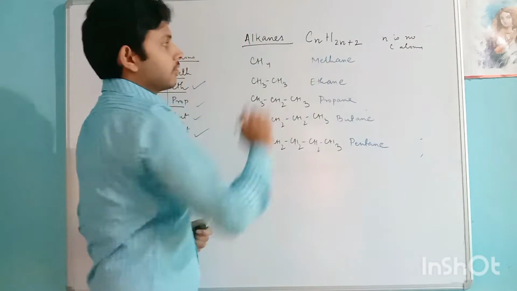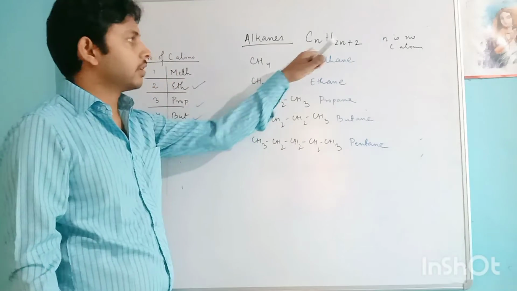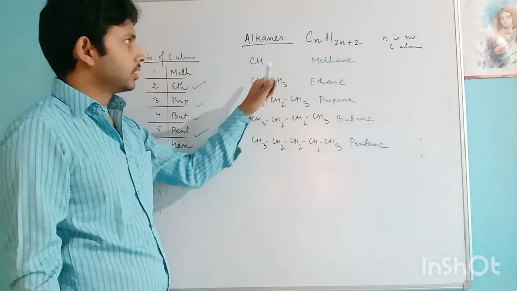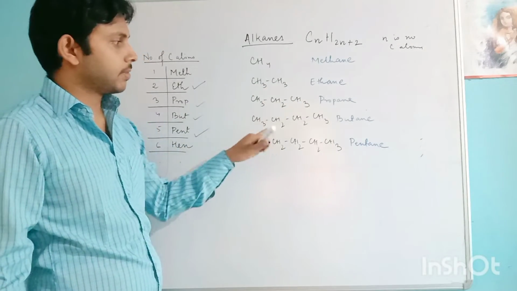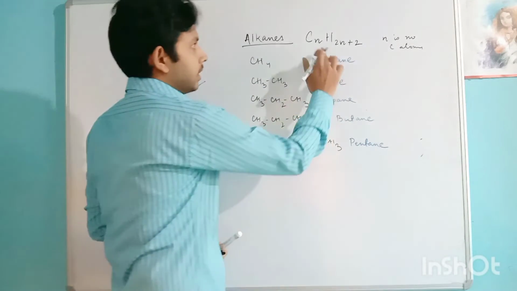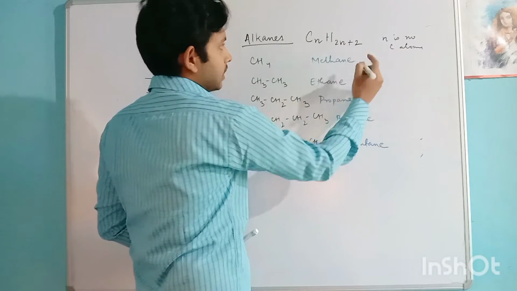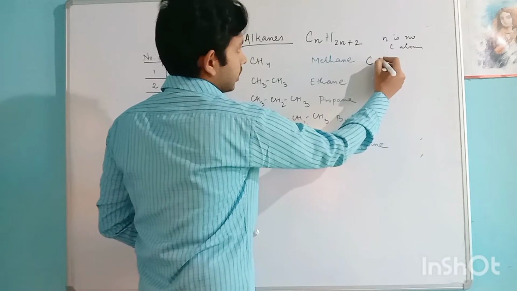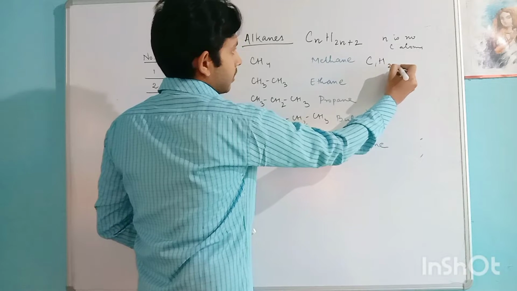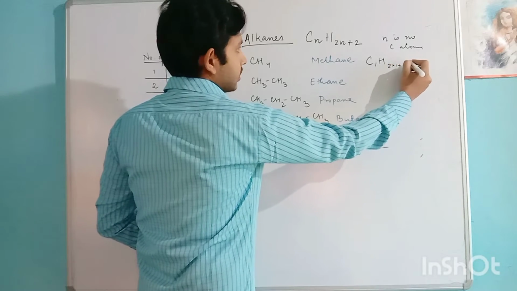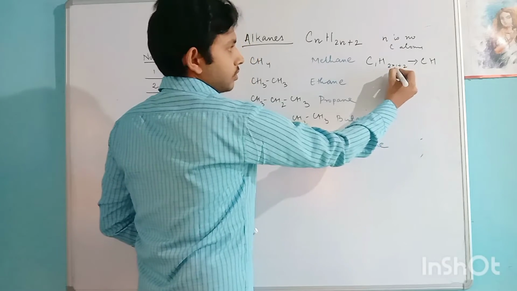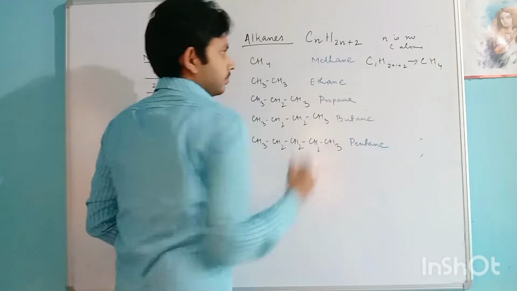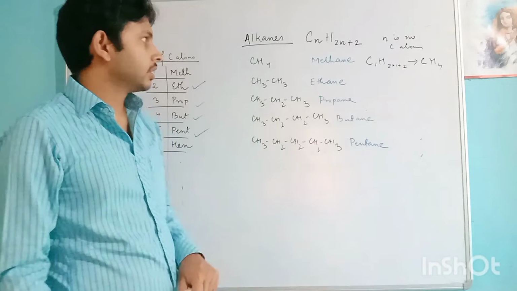If you put here 1, suppose you put 2, you will get the formula for these compounds. For methane, the number of carbon atoms is 1: C1H(2 into 1 plus 2), which is CH4.